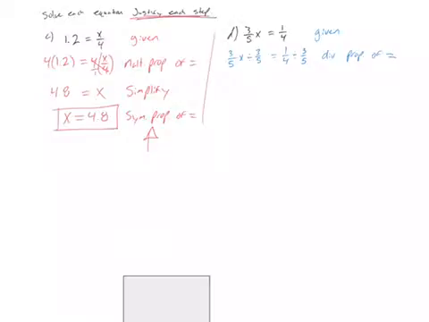Okay, now remember, whenever we have fractions, we can flip the second one and then multiply it. So I'm just going to say this is 3/5 x multiplied by 5/3, which is equal to 1/4 multiplied by 5/3. I'm just again going to say simplify.